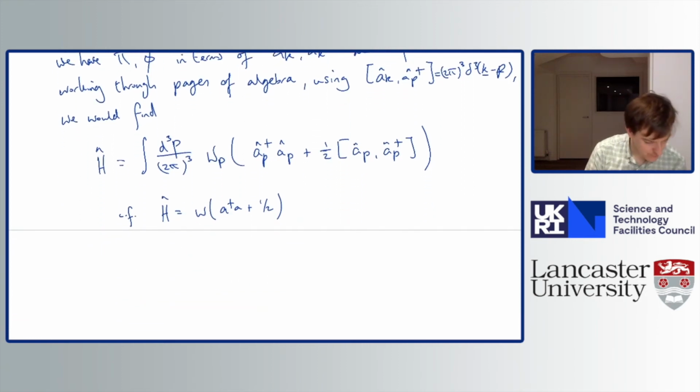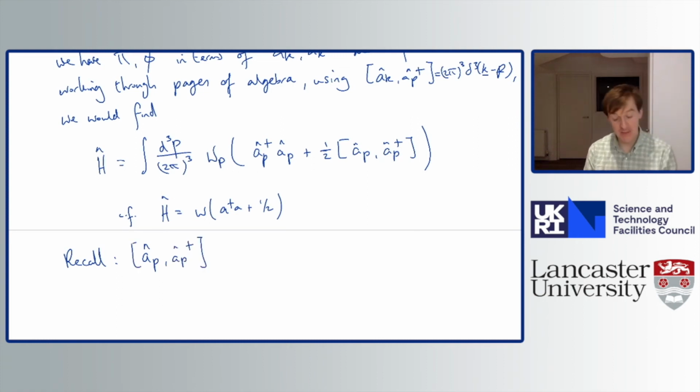What does this mean? Well, let's use the result that we've just derived a couple of minutes ago. So we looked at what a_k with a_p dagger was. Well, actually, that's what it was: 2 pi cubed delta 3 of k minus p. So it's not what we have in the expression above. In the expression above, we have p and p.